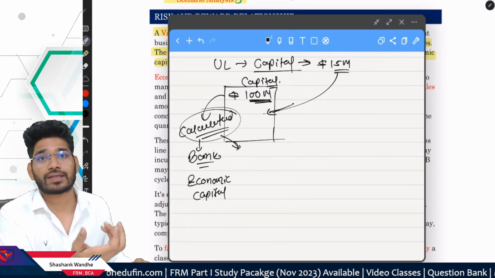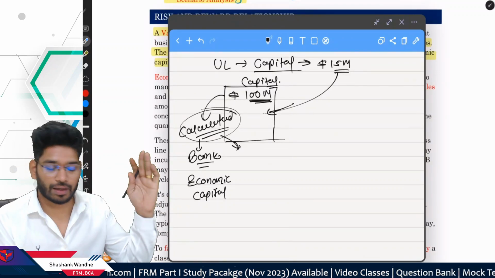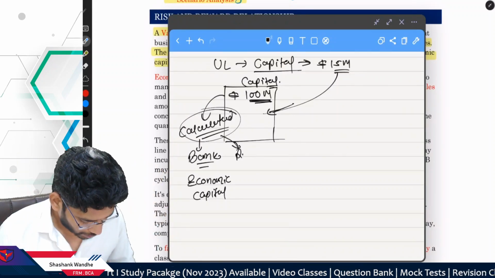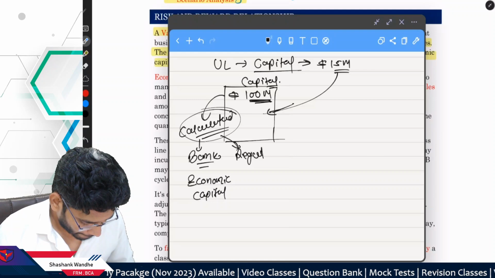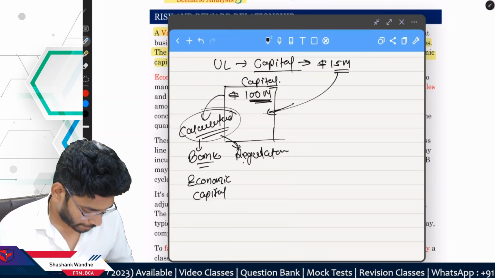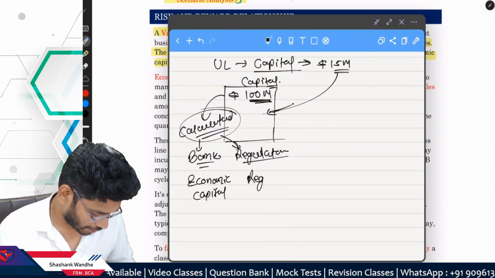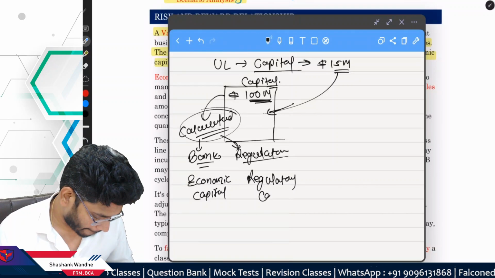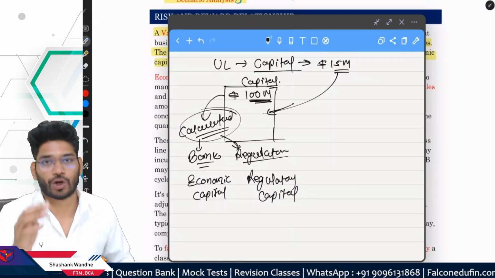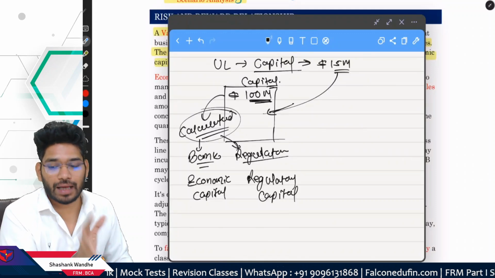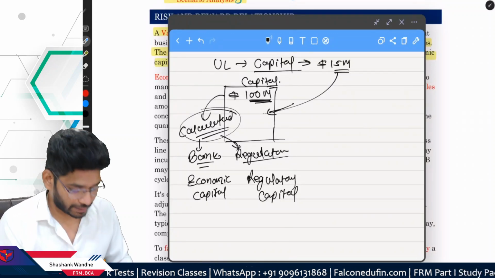How this capital is calculated, we discuss in Book 3 of FRM Part 2. This is known as regulatory capital. So economic capital is as per the bank's calculation, and regulatory capital is as per the regulator's requirement.